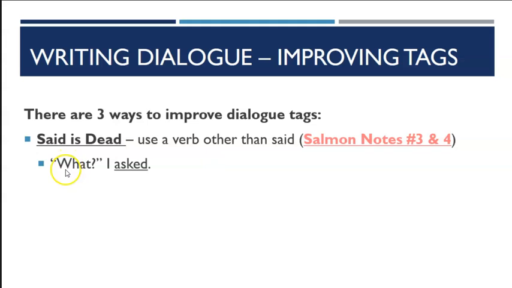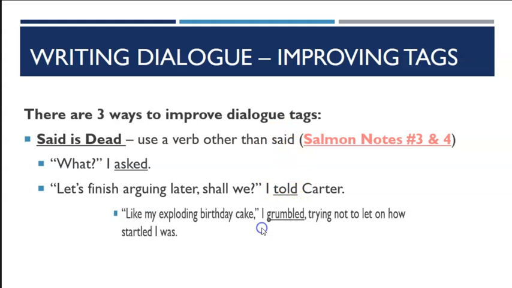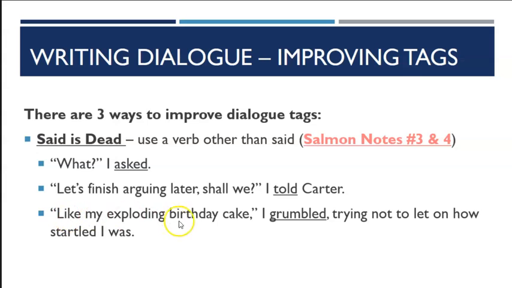Okay? So an example, "What?" I asked. So we used asked instead of said, and that tells us that it's part of the question, right? "Let's finish arguing later, shall we?" I told Carter. So told is a synonym for said, and it's a better word choice than said. "Like my exploding birthday cake," I grumbled, trying not to let on how startled I was.